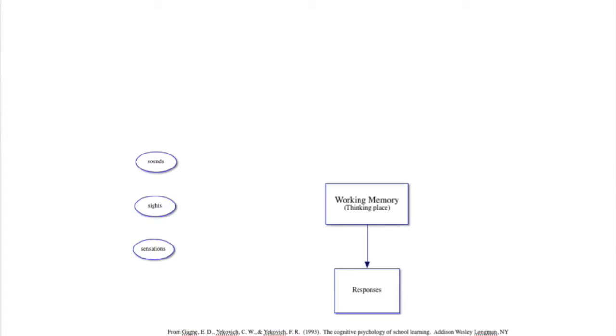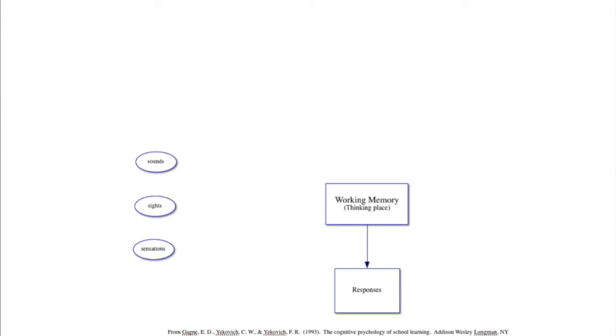Or think about sensations. Think about your feet. Do you feel your feet inside of your shoes, or is that information simply not noticed?